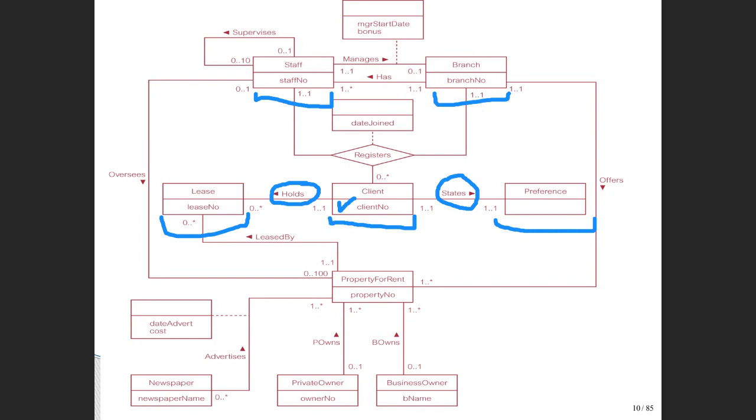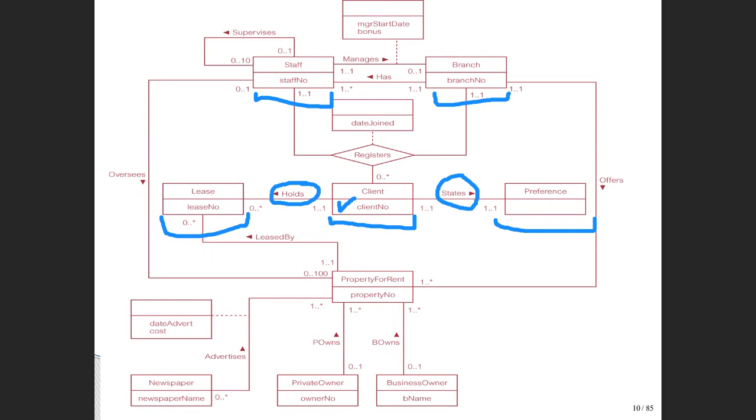Is this how any user view can perceive it or not? Now, do you get the point, Qasim? This is how the data is represented conceptually or logically. You are describing everything: the client, the attribute client number, and the client states, so states is the relationship.